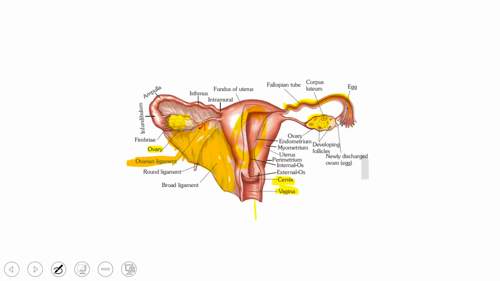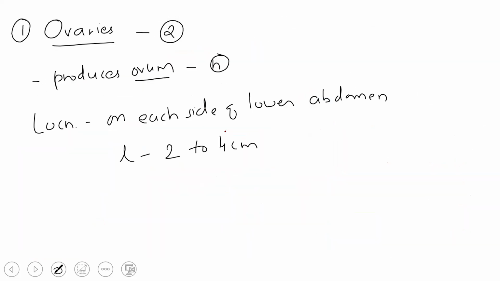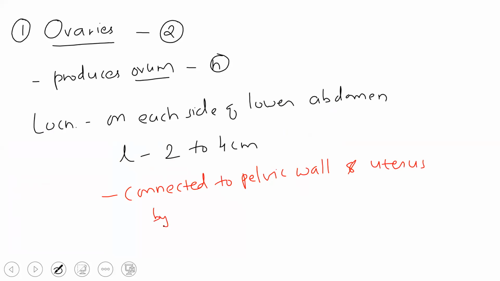At the back there is the ovarian ligament, and through this ligament it is attached to the uterus. Got it? So it is connected to the pelvic wall and uterus by ligaments.